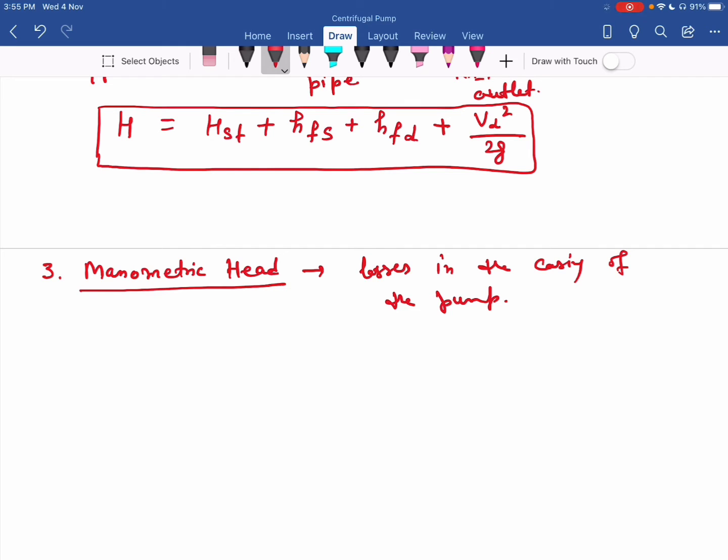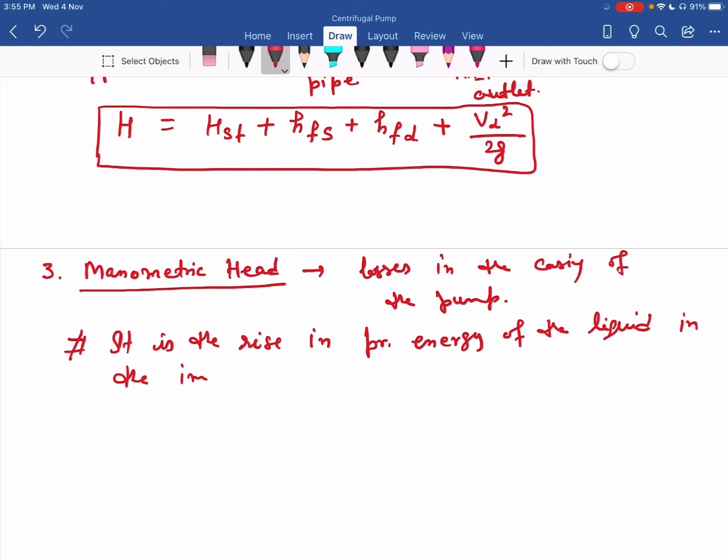It is the rise in pressure energy of the liquid in the impeller of the pump. So that is my manometric head.